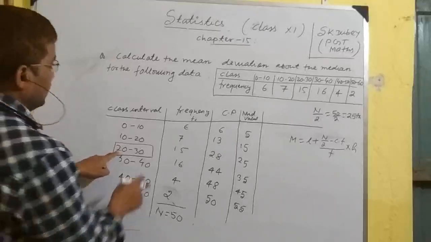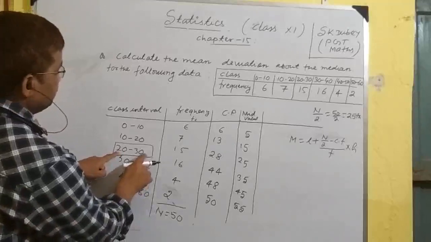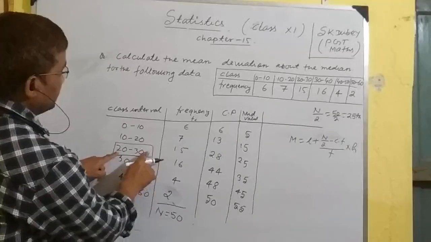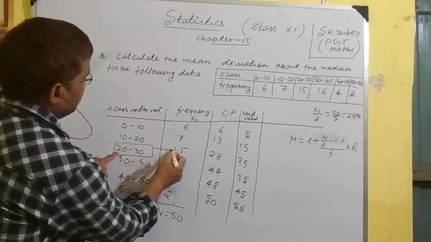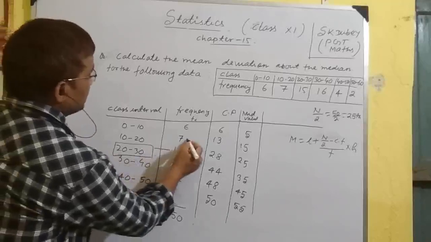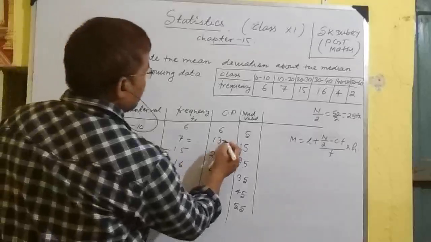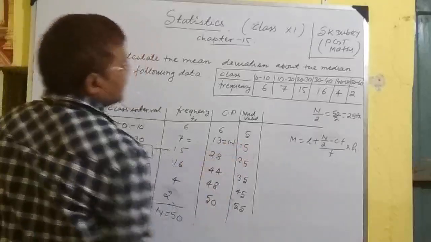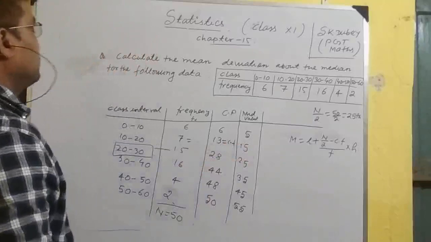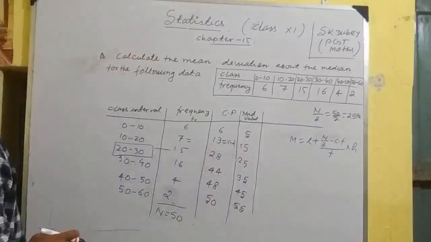So here this is the median class, whose frequency is 15, and this is the cumulative frequency Cf of the class preceding the median class.